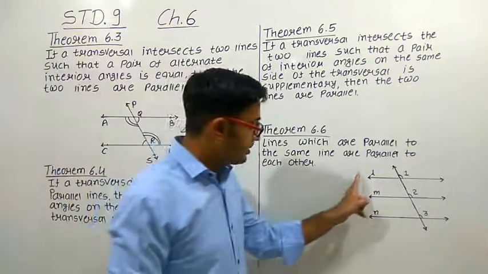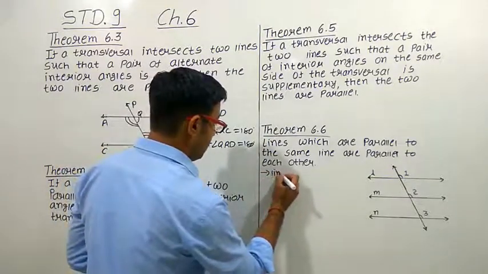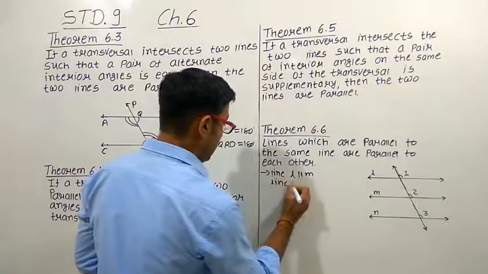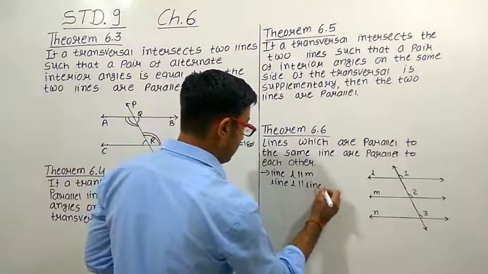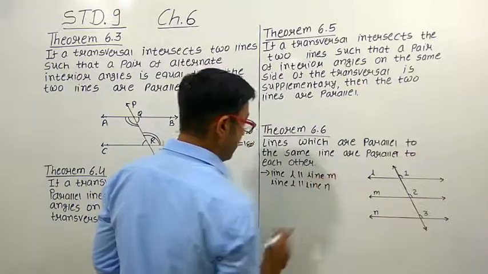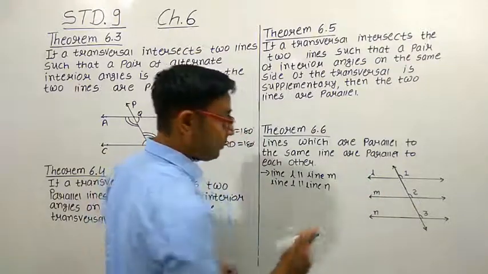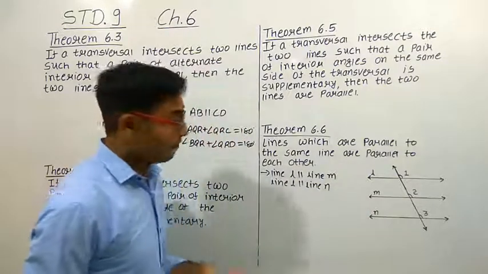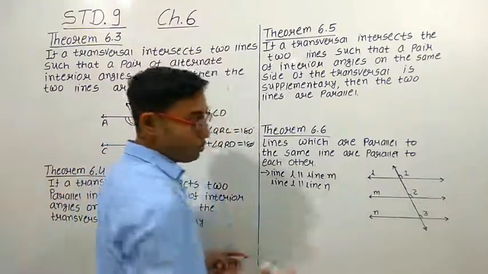We have three lines L, M and N. Line L is parallel to M and line L is also parallel to line N. Then these two lines, M and N, are also parallel to each other because both are parallel to the same line.